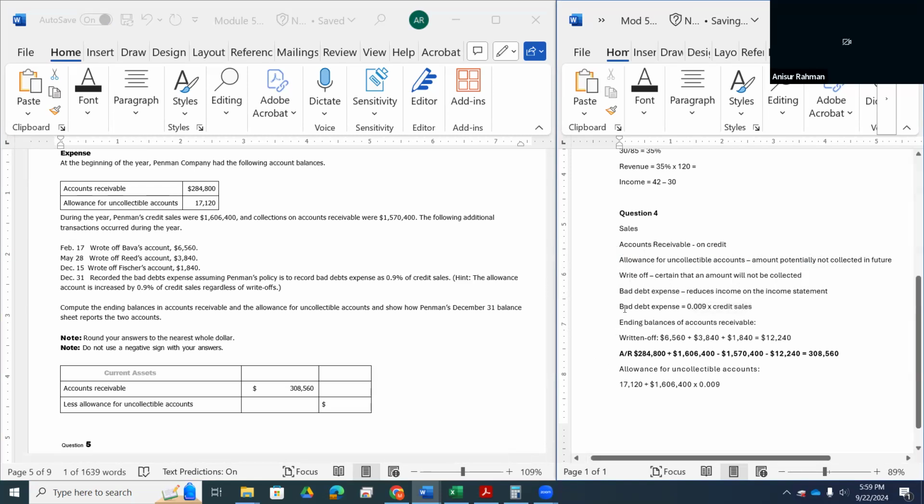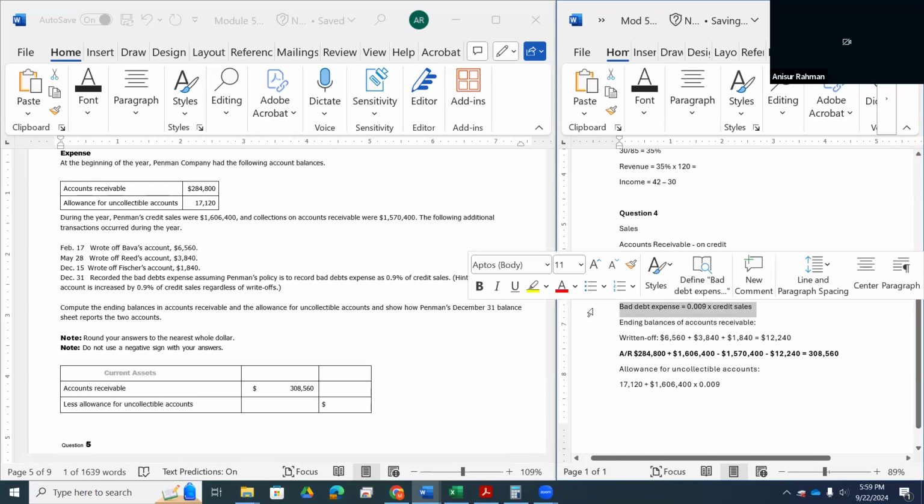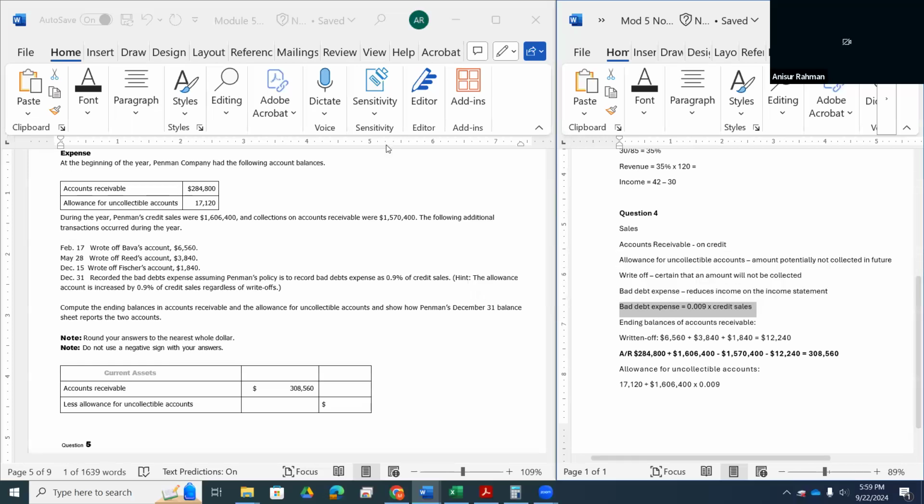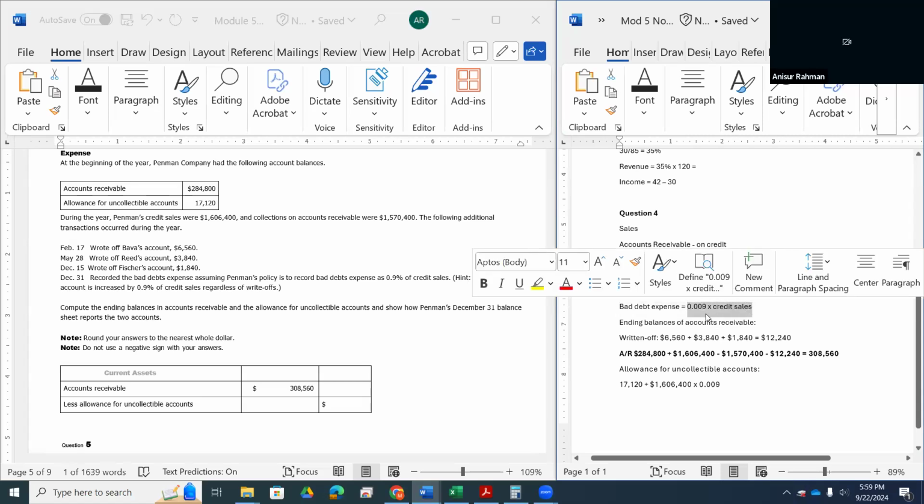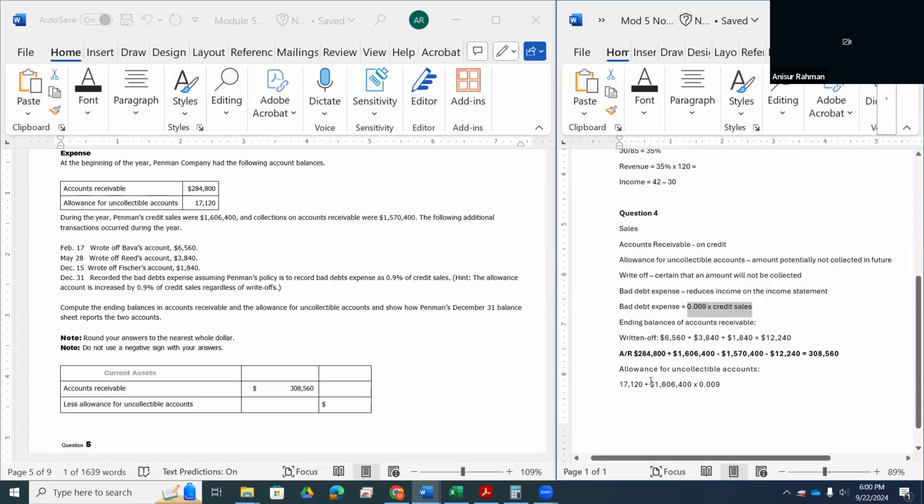So this is our bad debt expense, but at the same time, remember, whenever a company creates an allowance for uncollectible accounts, it also reduces the income by the same amount, which is called bad debt expense. So this is our bad debt expense, and this is also our additional uncollectible accounts. So we have to add this.